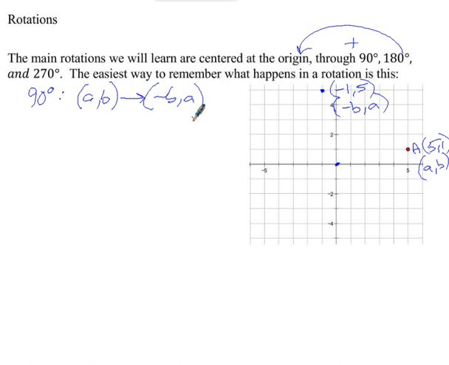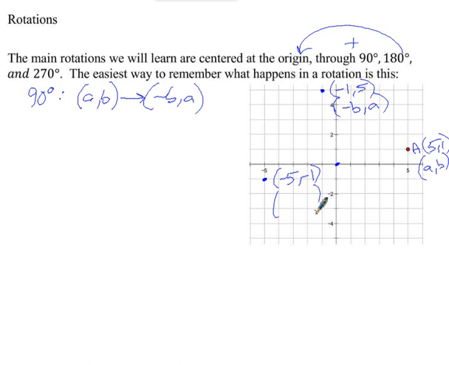If I rotate another 90 degrees, then the net rotation in the end would be from here all the way around to here. How far did I go? 180 degrees. And now my point is here. Negative 5, negative 1. So if I stick with the A comma B, what happened to my coordinates?